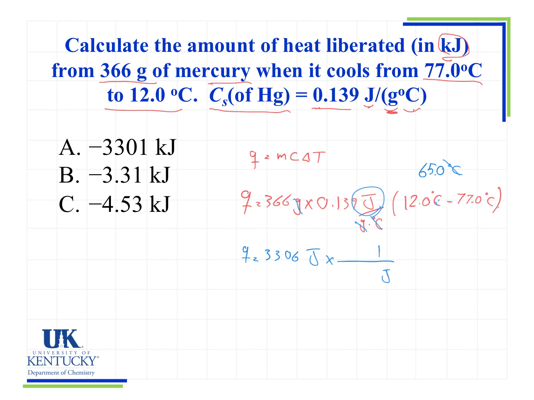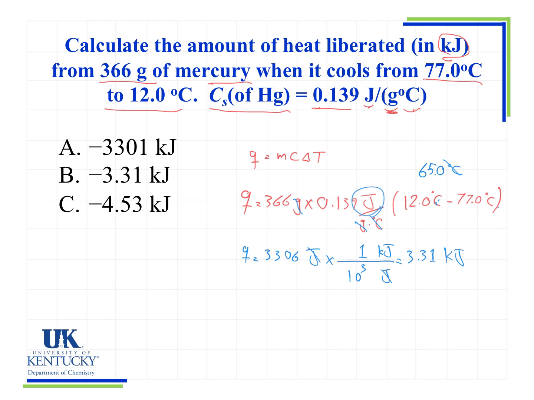We don't want joule, we want kilojoule, and 1 kilojoule is 10 to the 3 joules, and that makes it 3.31 kilojoule. And the sign, I missed that. You have to be careful with this.